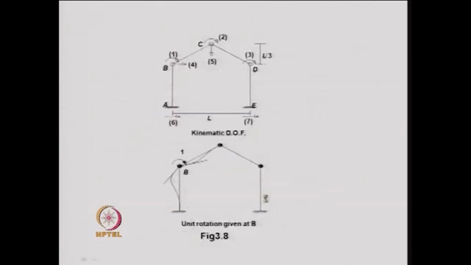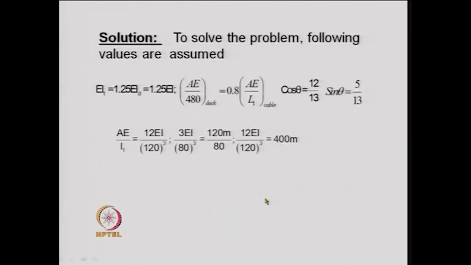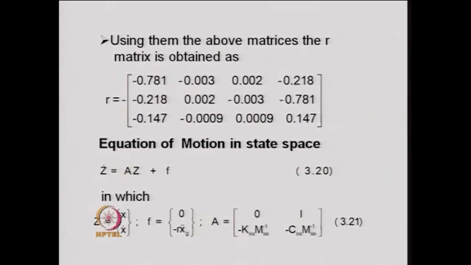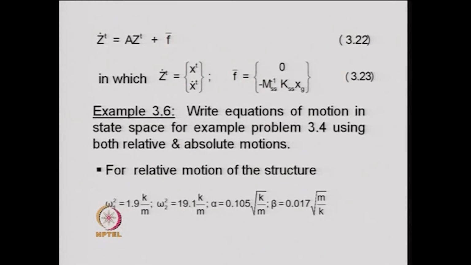For obtaining the C matrix, this approach is already known to all of you: one can obtain the C matrix of a particular structure provided we know the first few frequencies of the system. Here it was a 2 degree of freedom problem, in the sense that there are 2 non-support degrees of freedom. So, we had 2 natural frequencies.